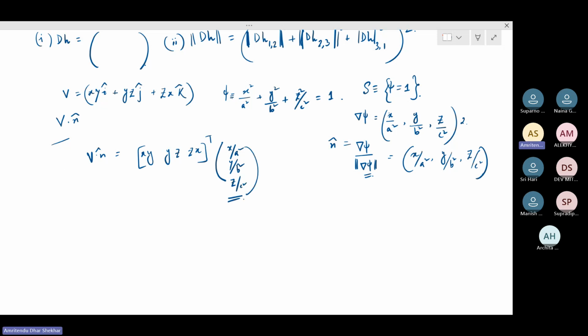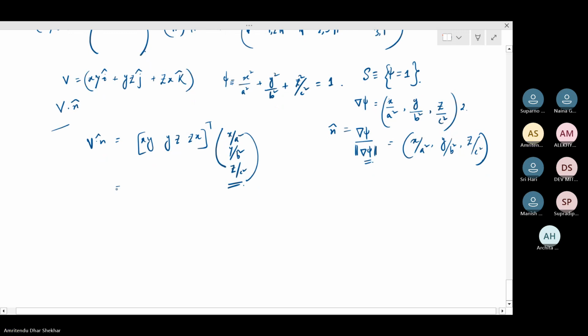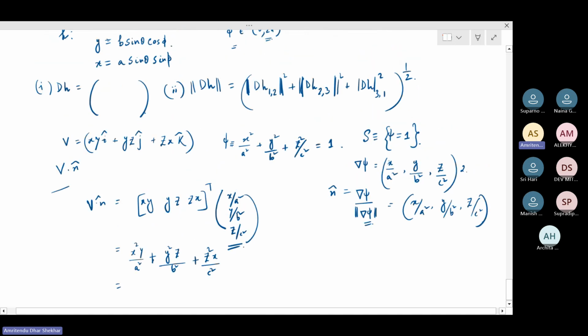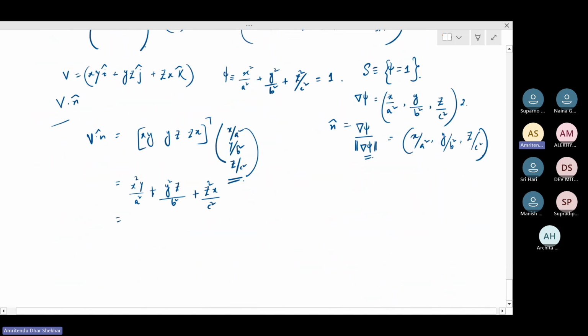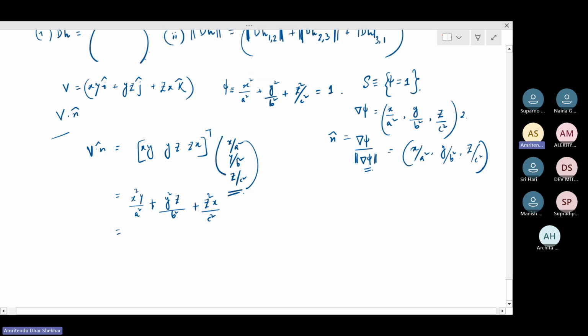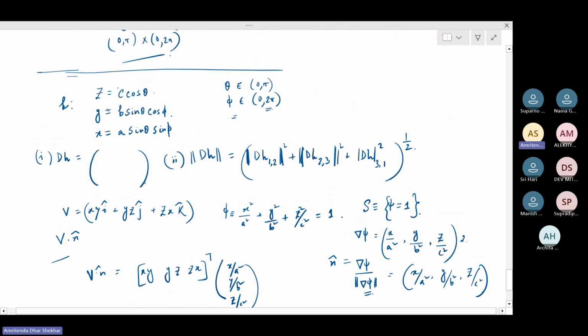Once you figure out this quantity, it is going to be equal to x squared y by a squared plus y squared z by b squared plus z squared x by c squared. Now you express this as a function of theta and phi, pull back this whole function into the theta phi plane, and multiply it with this density.